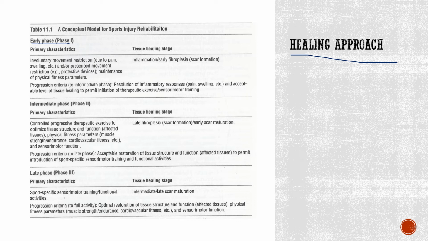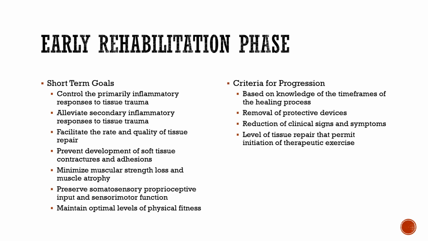And you can see an overview here where we have the characteristics associated with that phase of healing, right? And then we're going to turn that into a phase of rehabilitation, right? Where an early rehabilitation corresponds with the inflammatory or acute phase of healing.